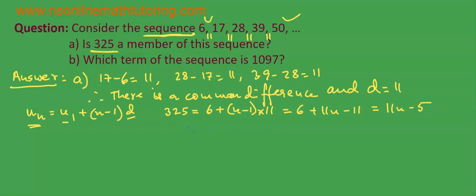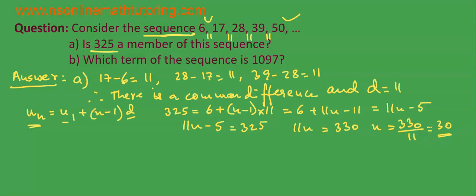And rearranging a bit, I write it in this form. 11n minus 5 is equal to 325, and if we add plus 5 to both the sides, we have 11n is equal to 330, which gives us the n value as 330 divided by 11, or n is equal to 30, which is a natural number or a positive integer.